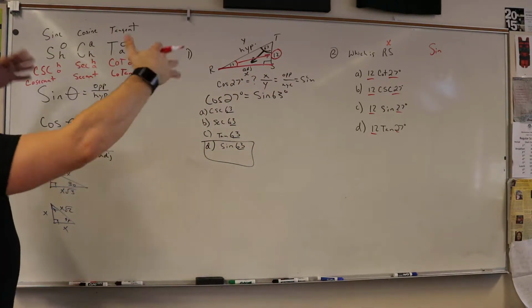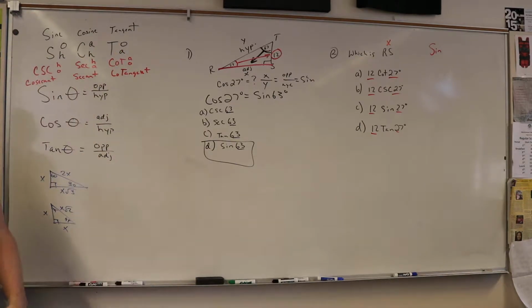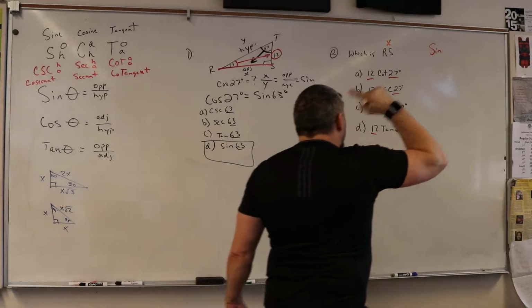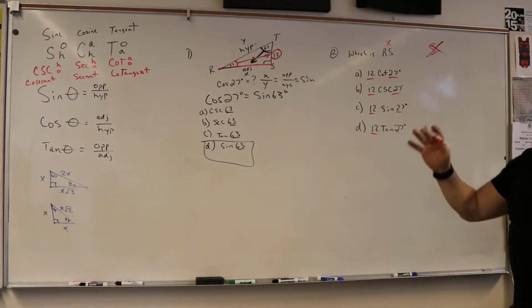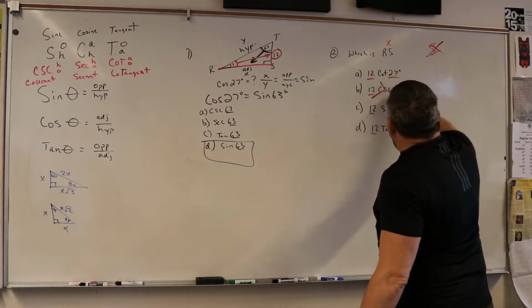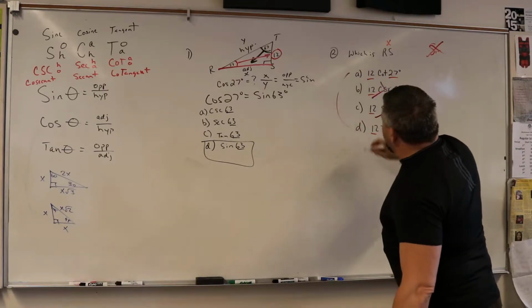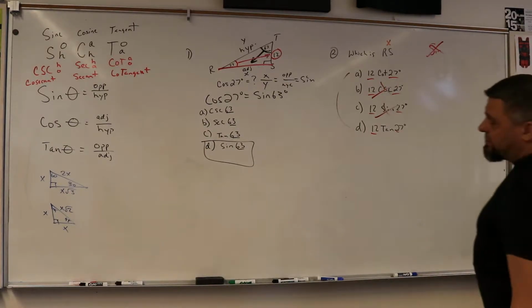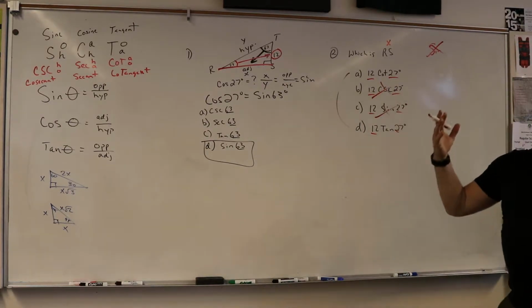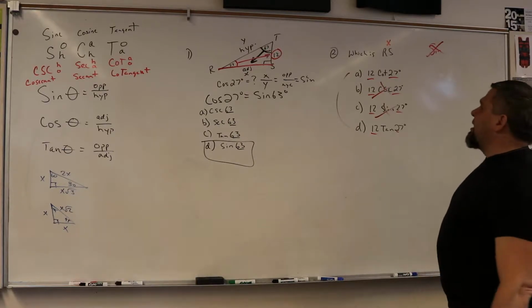What deals with opposite and adjacent? Tangent and cotangent. So let's look at those two. I don't even care about sine, cosine, cosecant, any of those. So we know it's not this, we know it's not this, it's one of these two. At this point you could guess, 50-50 chance, flip a coin. First one, am I right or wrong? I don't know. Let's figure it out.